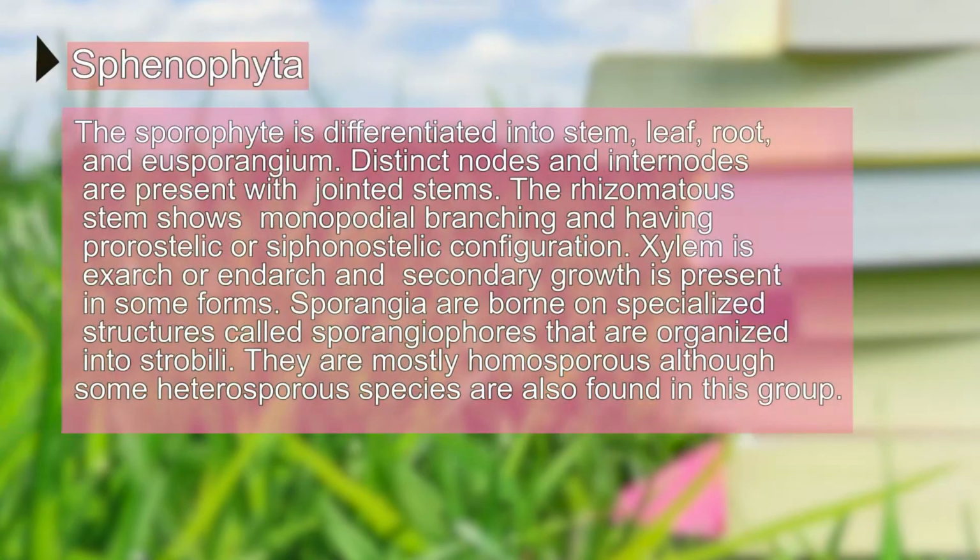In Sphenophyta, the sporophytic plant body is again differentiated into stem, leaf, root and eusporangia. Here we see distinct nodes and internodes, and at each node we have simple scale leaves. Xylem is exarch or endarch, and secondary growth is present in some members.